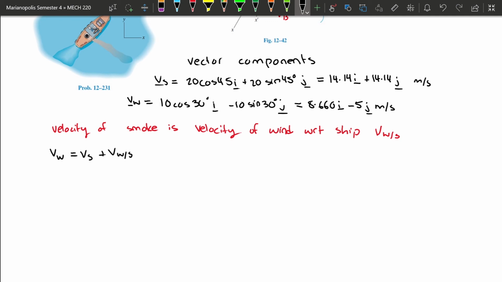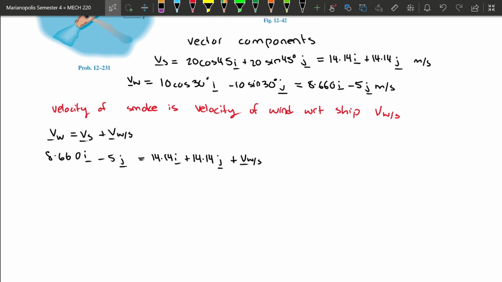Plugging in our Vs and Vw, remember these are vectors, we have 8.660 i minus 5 j is equal to 14.14 i plus 14.14 j plus Vw with respect to S. Remember, these are vectors, that's why they have the underbar.